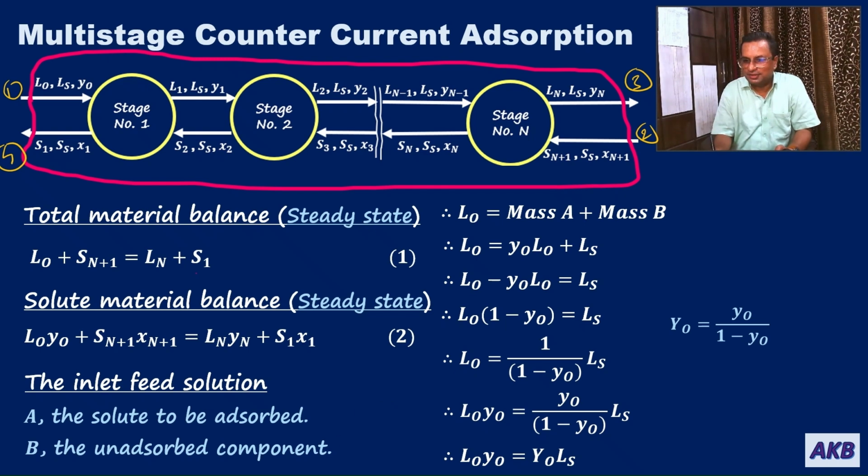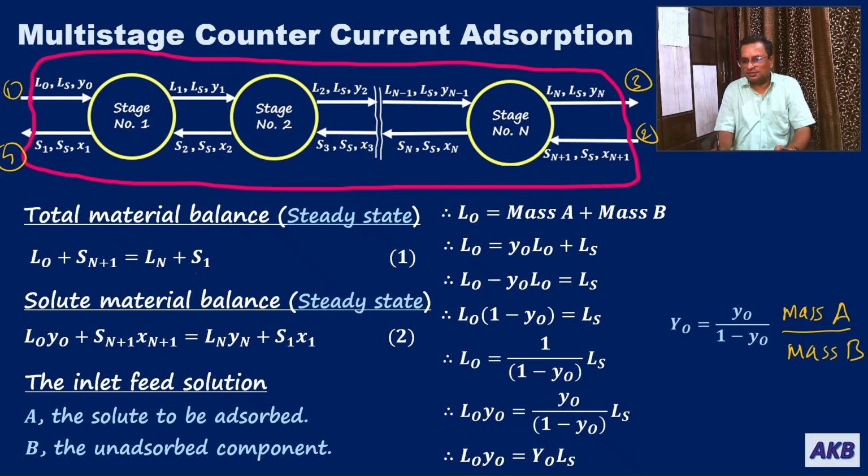In the numerator you have mass of E, and in the denominator you have mass of V. So in the denominator there is no consideration of mass of E. That's why we call it the weight fraction of E on E-free basis in the inlet feed solution.